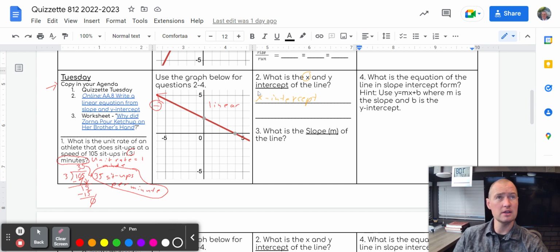Oh, intercept means to cross. Very good. You do remember from yesterday. That's good. All right. So where are we going to cross the x-axis on the horizontal line? So the x-axis is the line going horizontal from left to right, and we're looking for where the red line touches. So we're looking for right there.